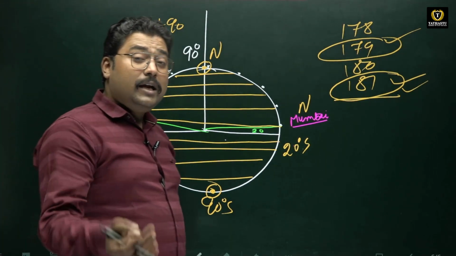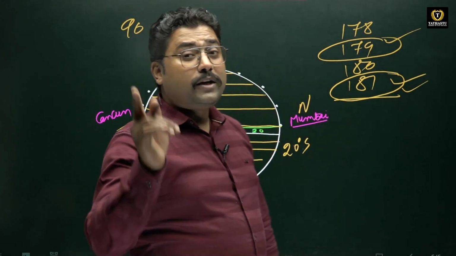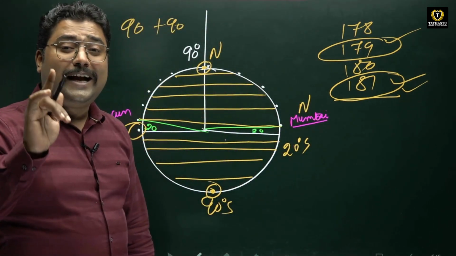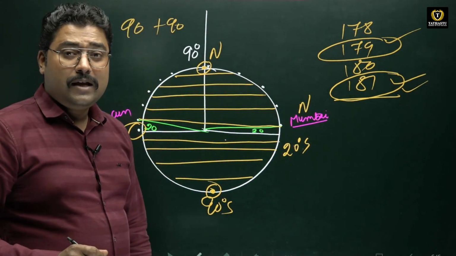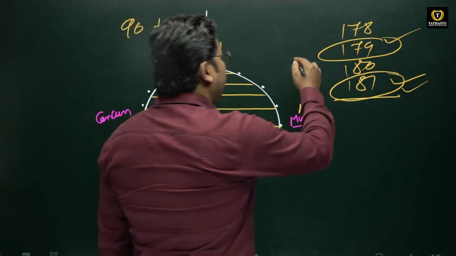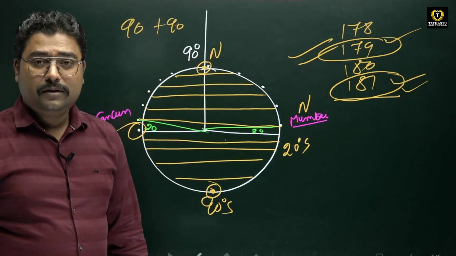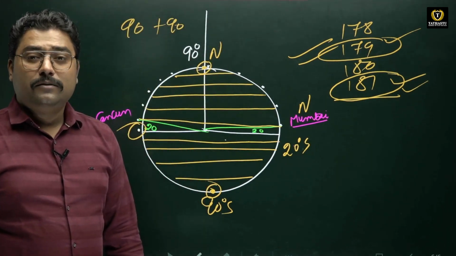But here the way of asking the question will change. Total number of drawn latitudes on earth, and when this question will come, the total number of drawn latitudes or parallels will be 179. Now the question comes, why?